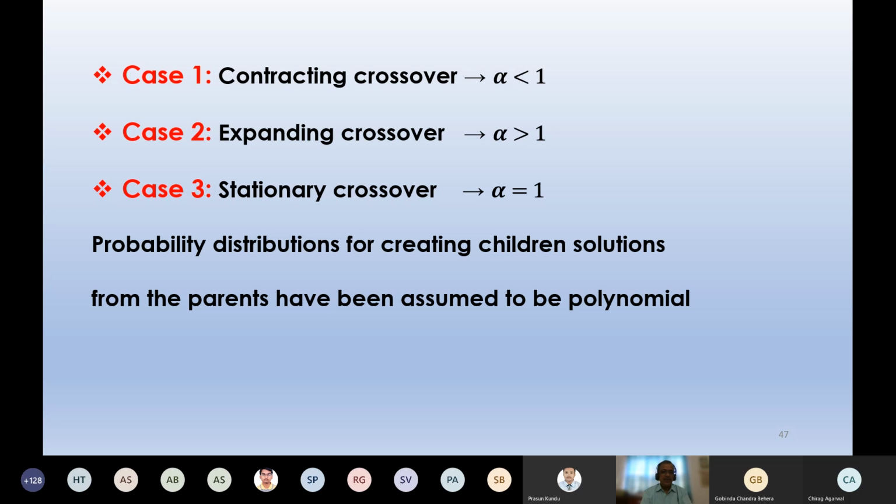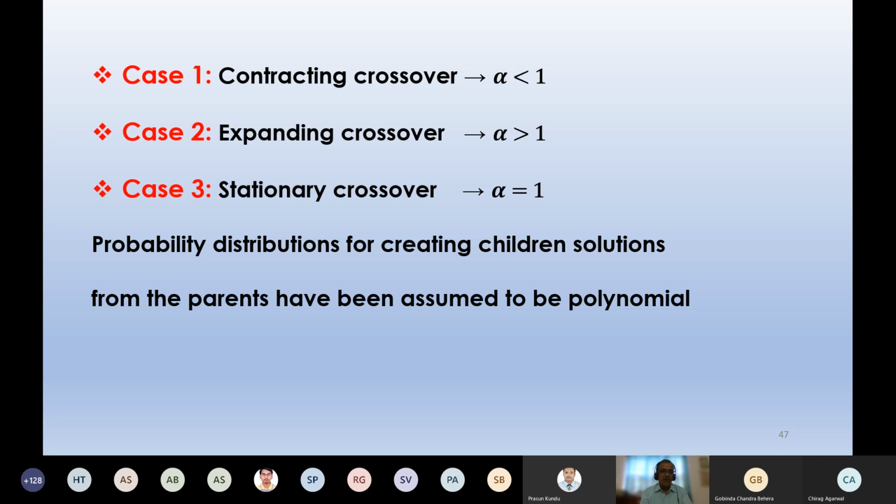Now I'm just going to show you a plot of the polynomial function, just to represent the three zones of contracting crossover, expanding crossover, and stationary crossover. But before that, let me repeat what I've already mentioned, that here we take the help of a probability distribution expressed in terms of a polynomial function just to create the children solutions from the two given parents.